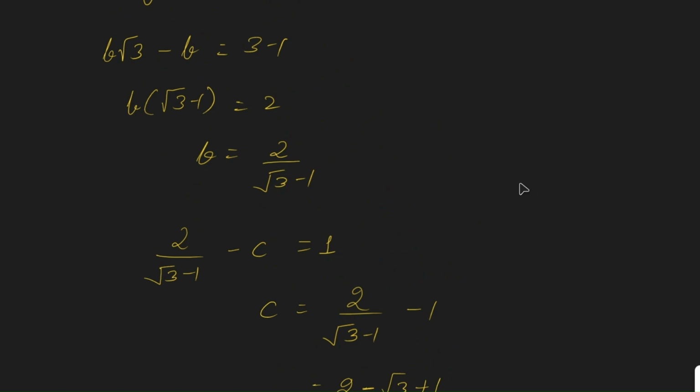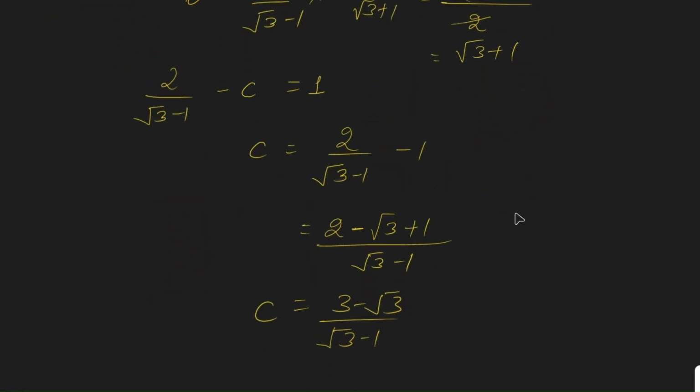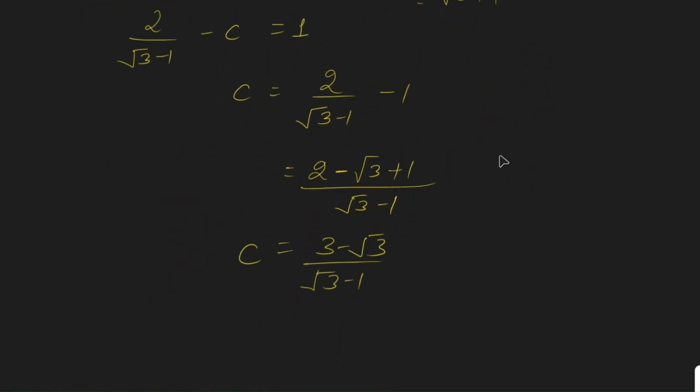One thing to note here is that this is not a rational value, so we can rationalize this denominator by multiplying by square root of 3 plus 1, so that this becomes 2 times square root of 3 plus 1 over 3 minus 1, which is just 2, and then these two will cancel out to give the simplified value of b as square root of 3 plus 1, right? We could have used that value also, and that would give you the value of c as square root of 3. Or you can rationalize this value also.